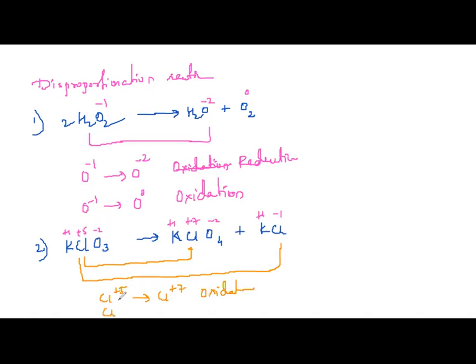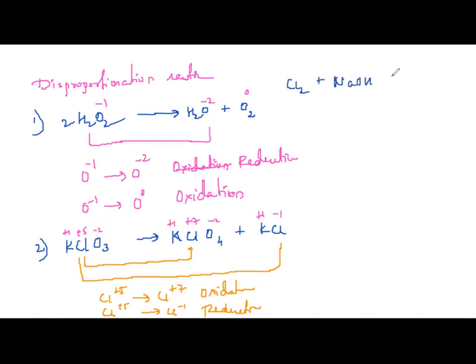Similarly, Cl +5 becoming Cl -1, going +5, +4, +3, +2, +1, 0, is gain of electrons. So it is reduction. A single molecule is getting oxidized as well as reduced. This is called a disproportionation reaction.